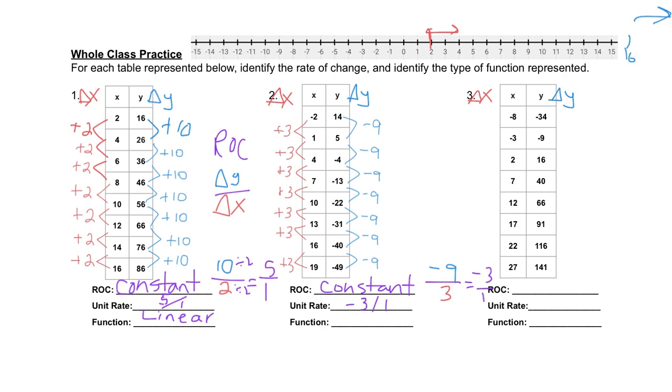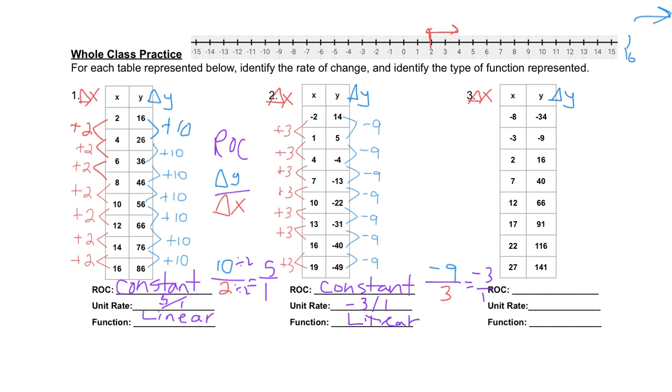What that tells us is that when the x increases by 1, the y decreases by 3. So just like over here, if the x increases by 3, the y is decreasing by 9. That's what that's telling us. And of course, because this is constant, we know this is a linear function.